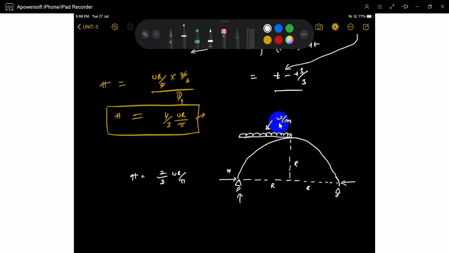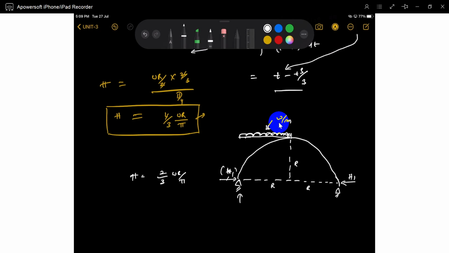If you just observe, this is h, call it h1. If the load is applied on only half of the portion, some horizontal thrust h1 happens. There is no other horizontal loading, so compulsorily this h1 should be equal on both sides.